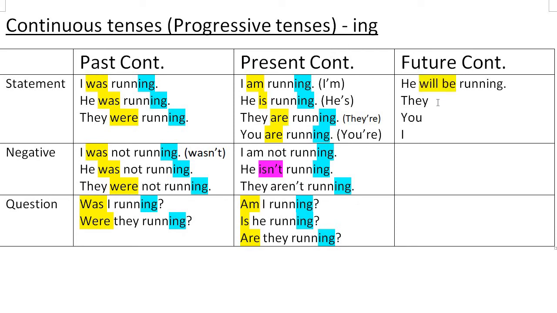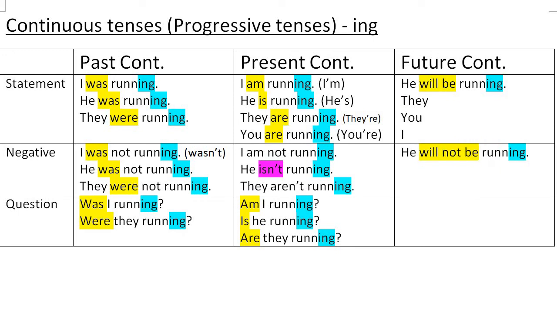Okay, there is no other one. Will be running. Okay, and again, the ing stays the same there. So they will be running, you will be running, I will be running, John and Sarah will be running. It doesn't matter. It'll always be will be, which makes it very, very simple. The only thing that's tricky is that you need to remember that it's not just will running, it's will be running.